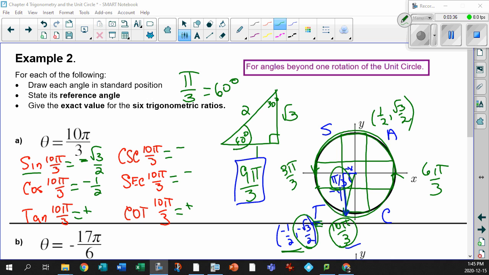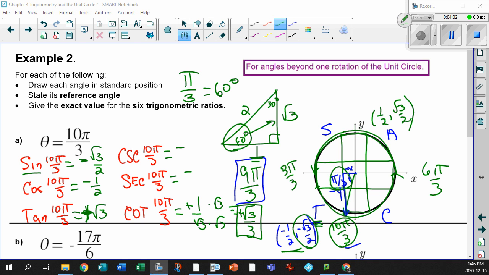The tangent of 60 degrees is going to be opposite over adjacent. So opposite is going to be root 3, adjacent is 1, positive 1. So the reciprocal of that is going to be, you figured it out, 1 over root 3. Don't forget, multiply by root 3. This is going to be root 3 over 3. And it's in fact going to be positive because the original tan was positive, right?